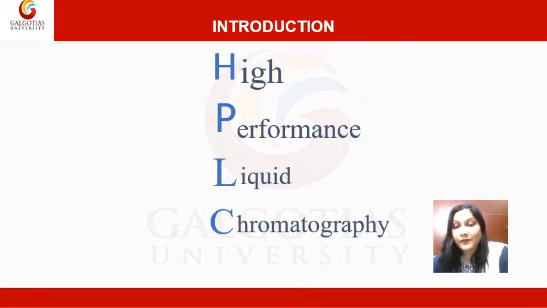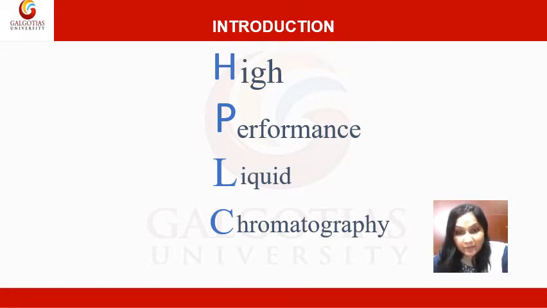Now let's recall what is liquid chromatography. This liquid chromatography is a basic type of chromatography in which the mixture of components is separated between a solid stationary phase and a liquid mobile phase on the basis of their affinity towards the stationary and mobile phase.